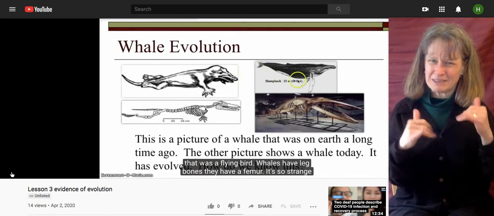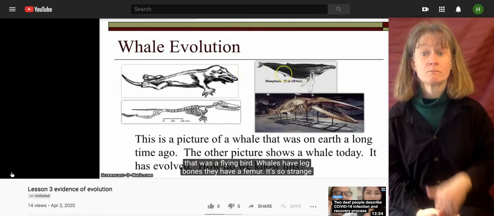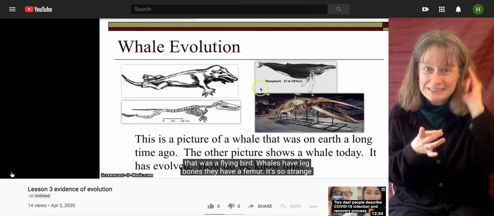Whales have leg bones. They have a femur.